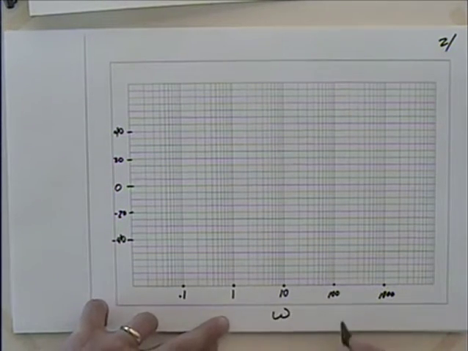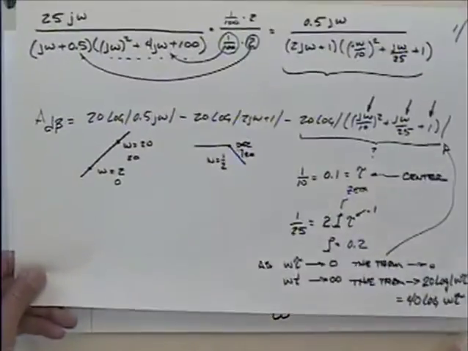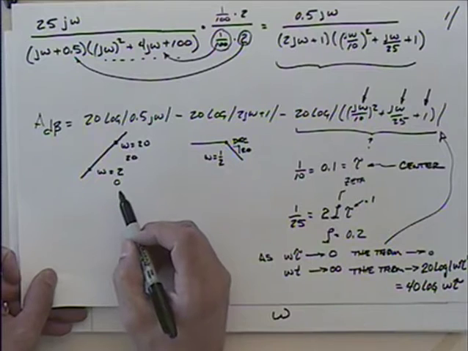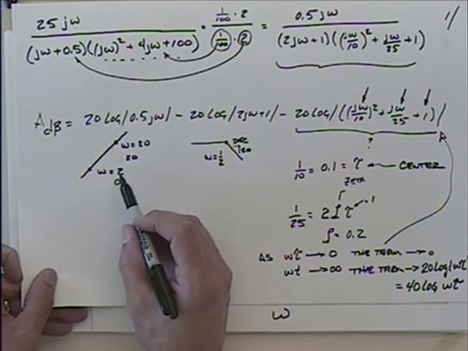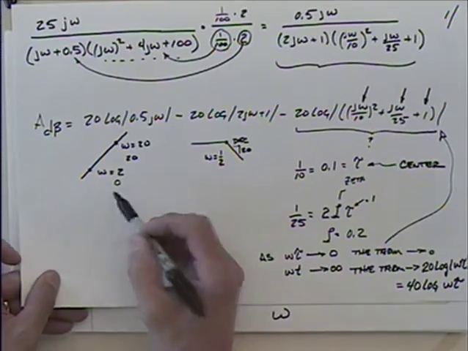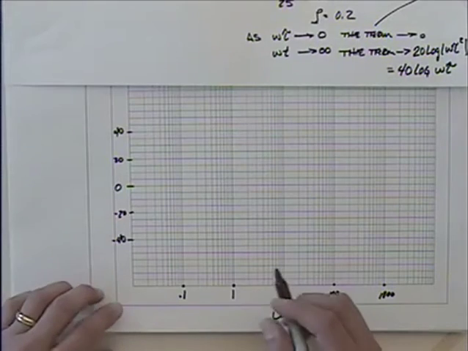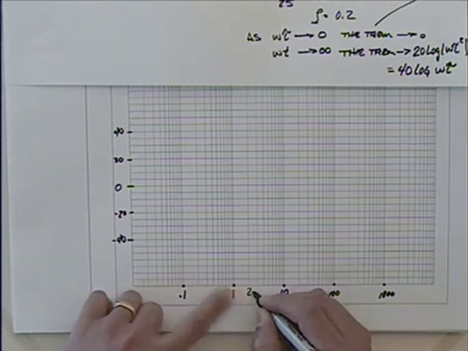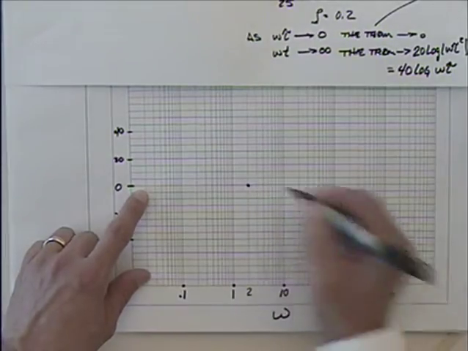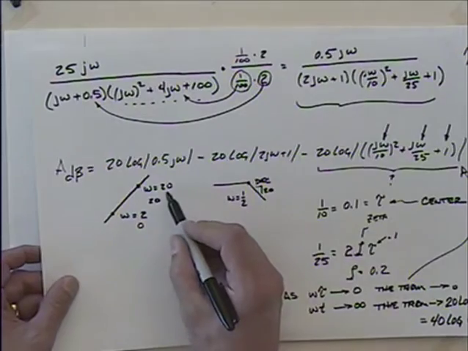So this is omega. So if we look at this first term, we've got a line. It's going to be at omega is equal to 2. It'll have a value of 0. So let's see, where's 2 on this thing? There's 1, here's 2. So it'll have a value of 0. And then we had this other point when omega is equal to 20, it has a value of 20.